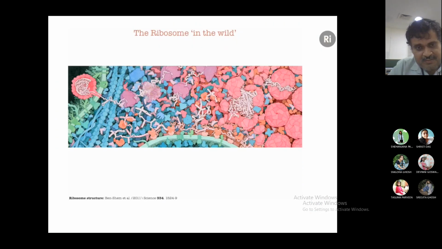Now what is the next target? Even the ribosome plays a very tiny role in the overall proteomic arrangement of any cell. So at present the target is to solve all these molecules in a cell as they act together.